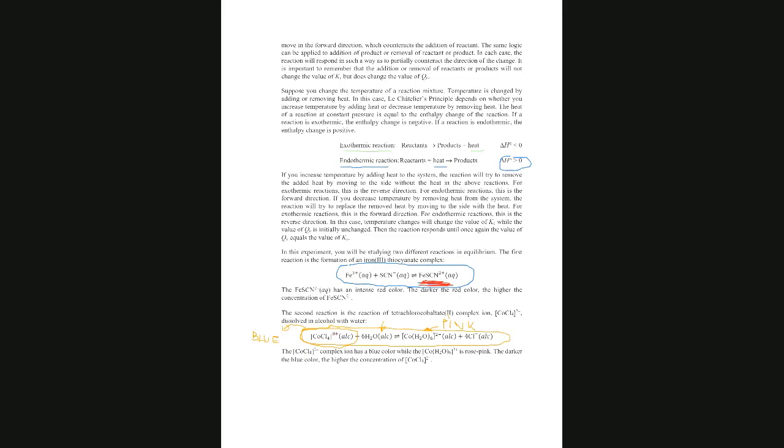Any questions so far of the quick overview of the experiment? Then we will go and do a learning check, and that's where we are going to go in detail all the cases of disturbing a system at equilibrium.